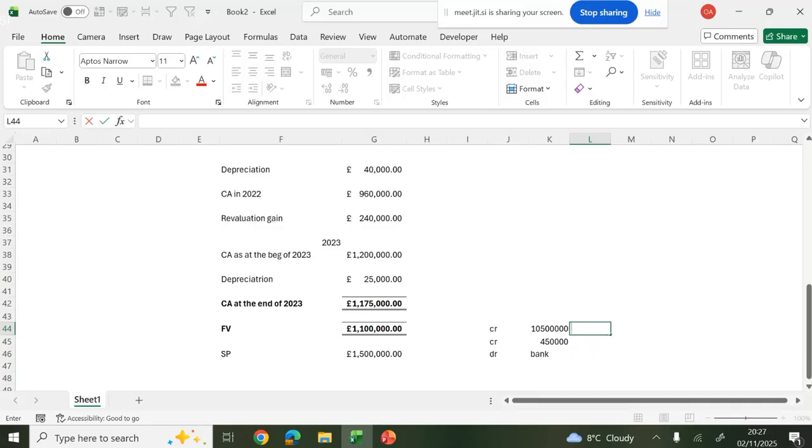Why does this one come to our other income? This comes to our bank, right? And I think everything should balance up. That's the accounting entry.